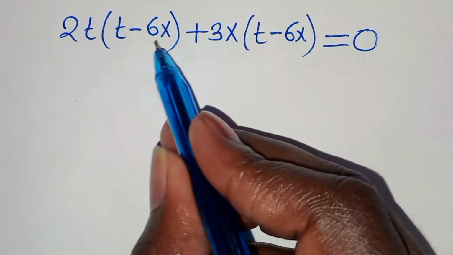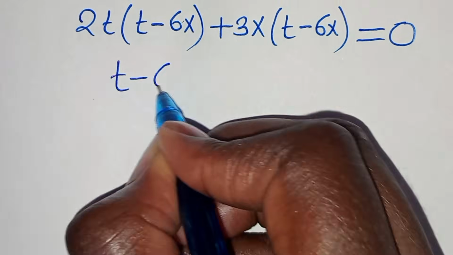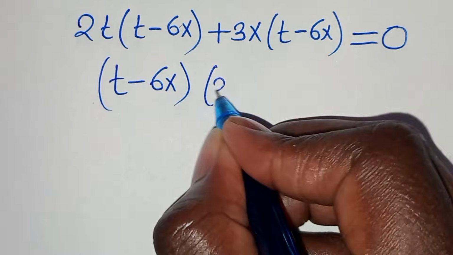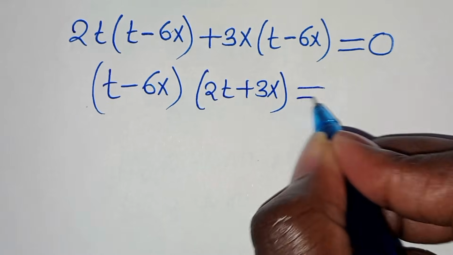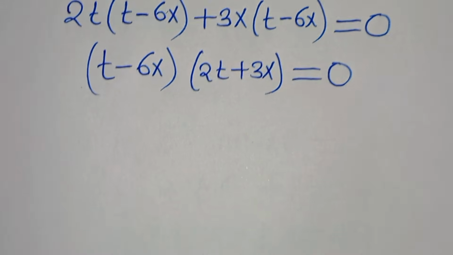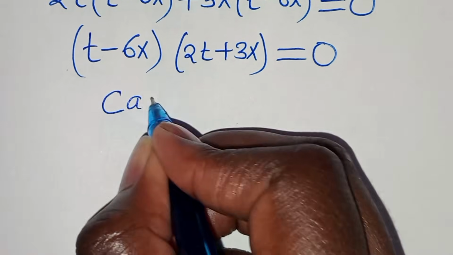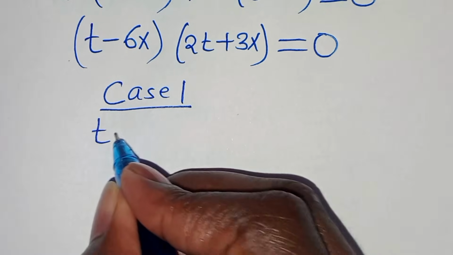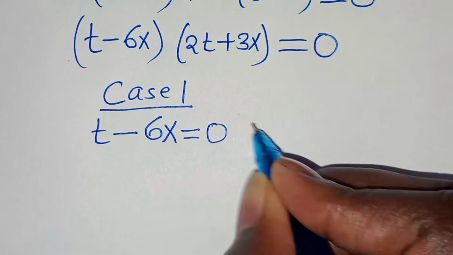Now we have (t minus 6x) is common here, so this is (t minus 6x) multiplied by (2t plus 3x), equal to 0. So we have got two cases here. In case 1, we have t minus 6x equal to 0.